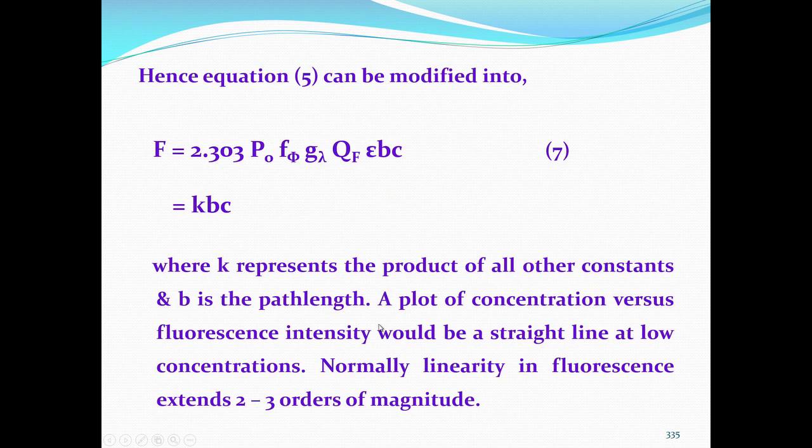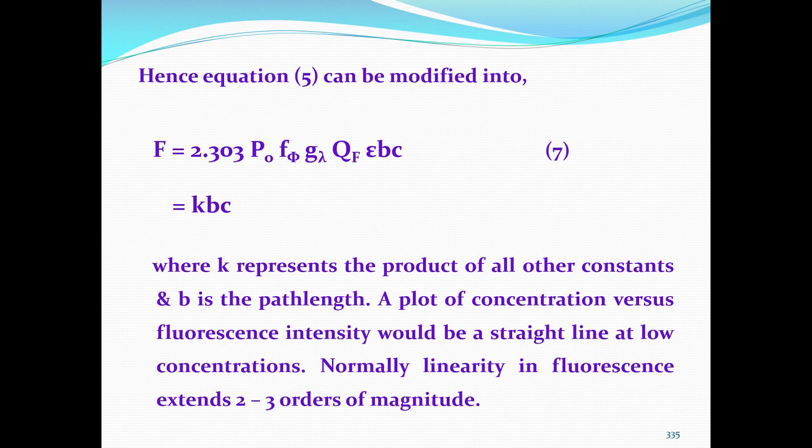and the equation can be modified into this form now, that is 2.303 P naught, where P naught is incident radiation, F phi is the efficiency, G lambda is the wavelength weight factor, and QF is the quantum efficiency, and again epsilon BC will remain as such.